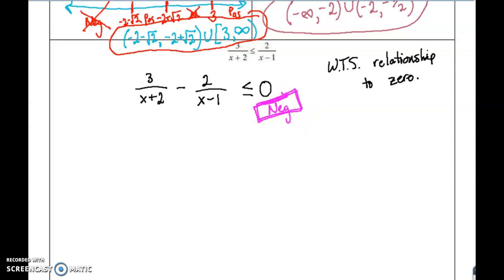Well, now we have a lot more math to do. What do I mean? I need to get this written as a single rational function. Well, how do we get a single rational function? We need to get the same denominator. Well, how do we get the same denominator? You multiply the denominators together.